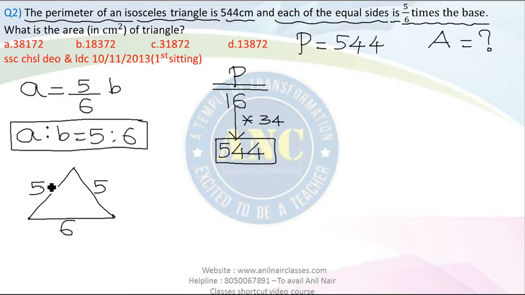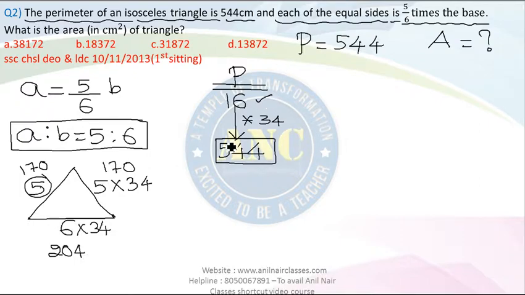That means 5 also should be multiplied by 34. 34 into 5 is 170. This 5 also should be multiplied by 34. It is again 170. 6 should be multiplied by 34. 34 into 6 is how much, sir? It is 204. According to my assumption, it is 16 perimeter.